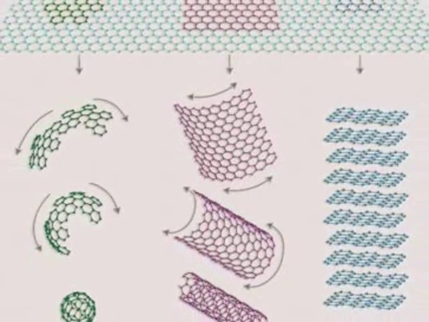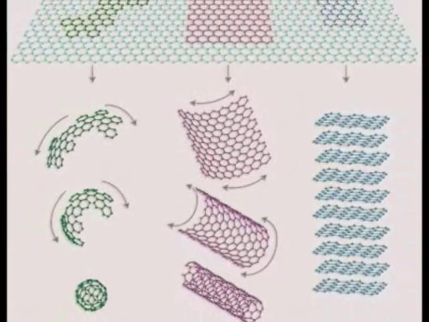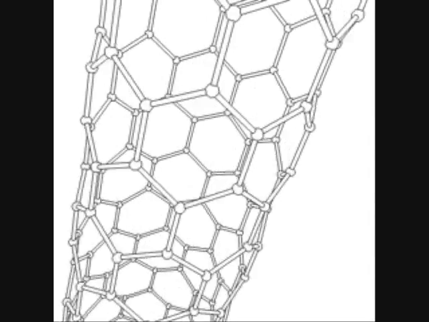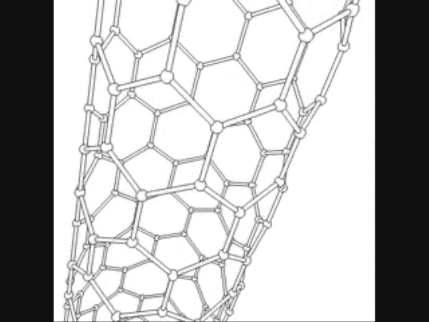For example, a spherical structure of carbon atoms is called a fullerene. Carbon nanotubes are large chains of carbon atoms shaped like tubes. Carbon nanotubes are 1 to 3 nanometers in diameter and thousands of nanometers long, and this length to diameter ratio is significantly larger than any other known material.